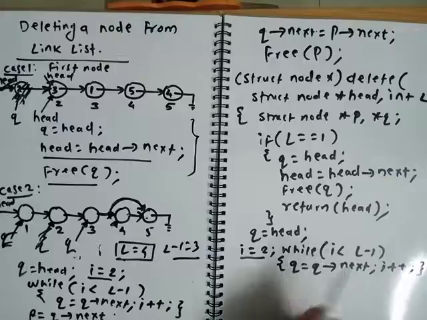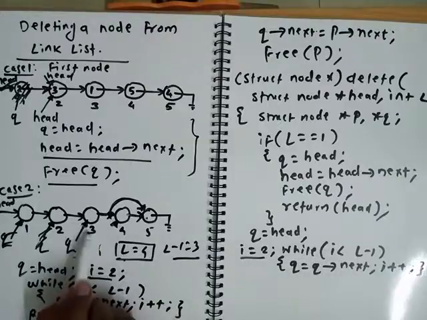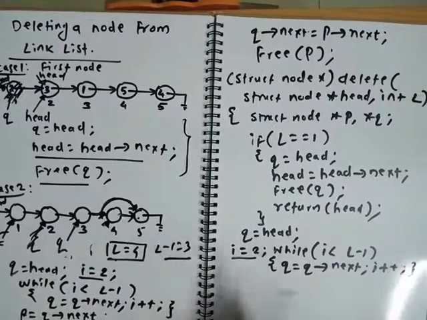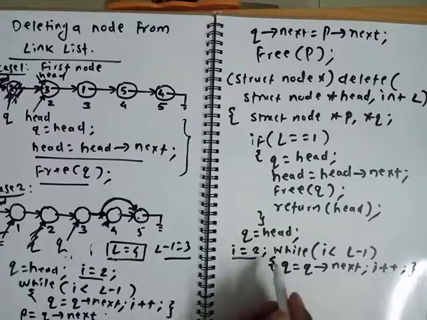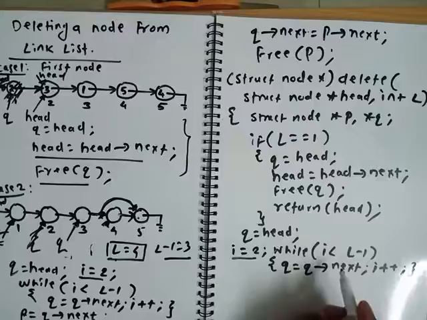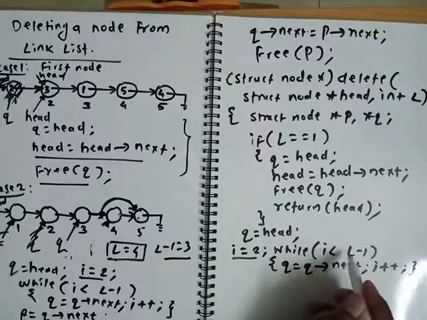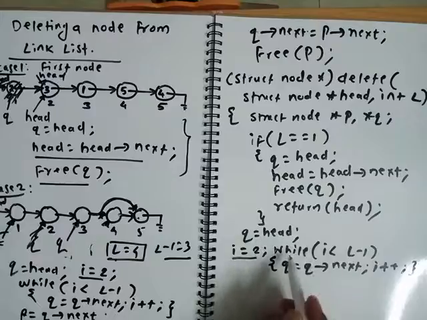So condition becomes false, so our Q will stop here only, and we wanted our Q here, right? I think we made a mistake here. So let me go over it one more time.